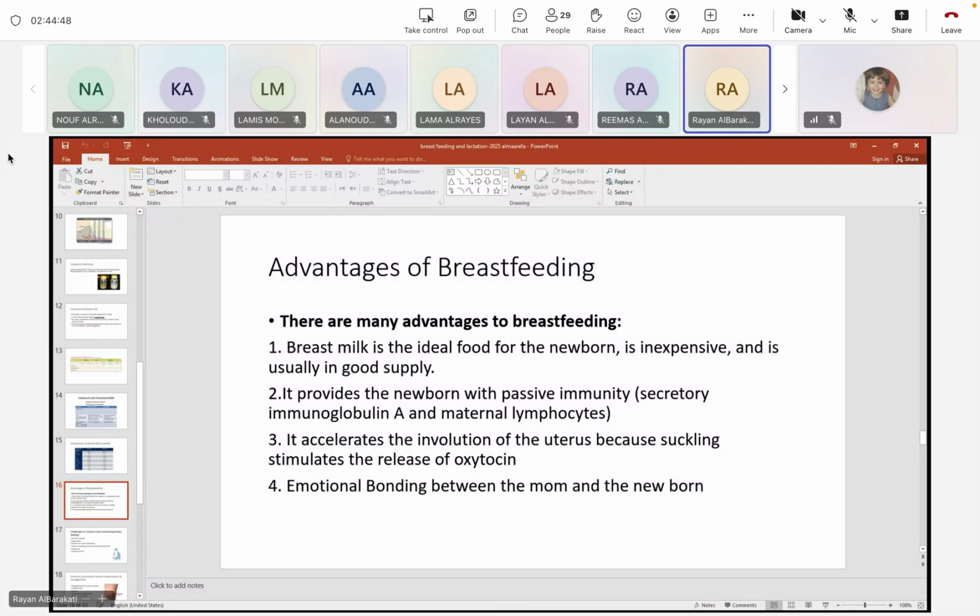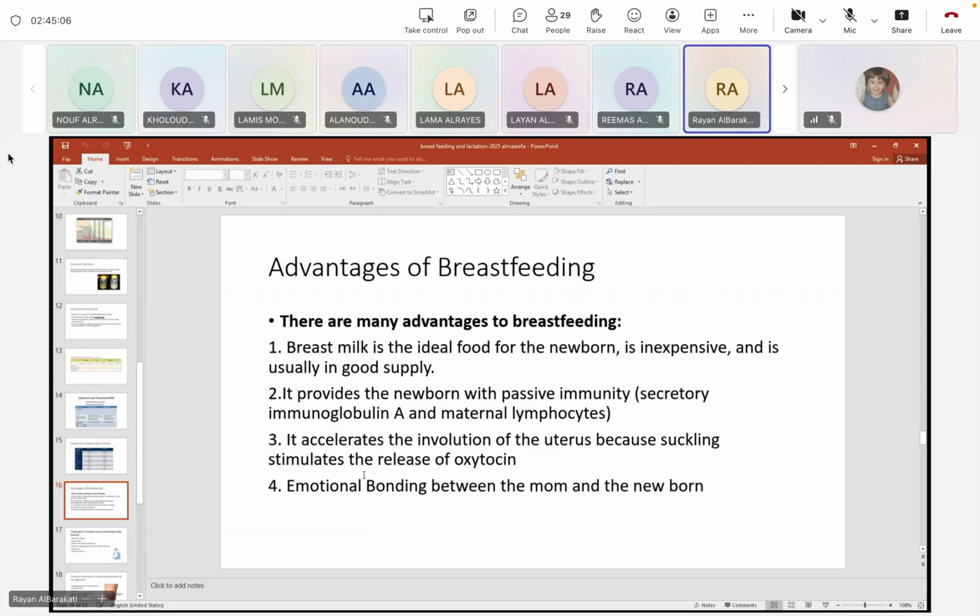The fourth is the emotional bonding between the mom and the newborn, and this is now expressed as early skin to skin contact, or the monkey grip: putting the baby, as soon as it is born, on the mother's breast, skin to skin.